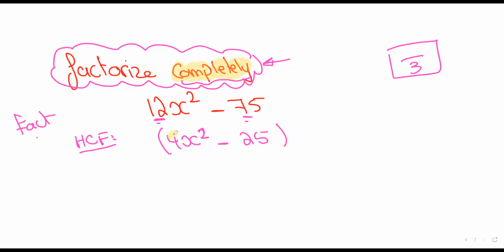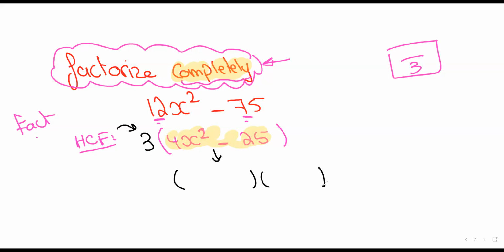And let's look at this bracket. Can I factorize this bracket? Definitely. We just explained it. So the 3 is still there; we are just pretending it does not exist, we are only hiding it. The bracket itself is DOTS, difference of two squares.